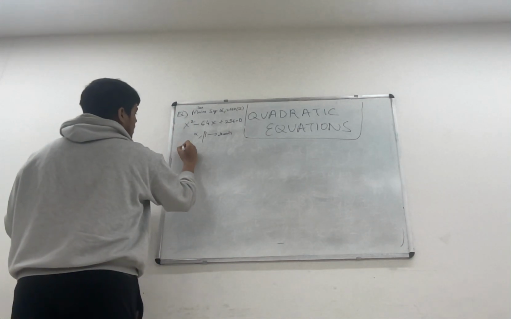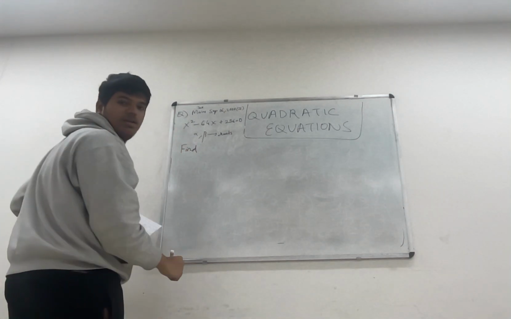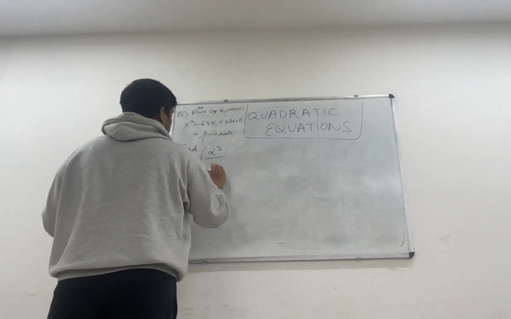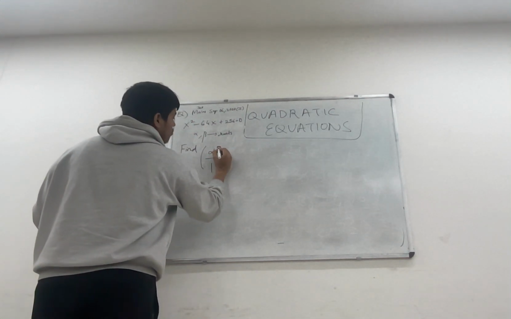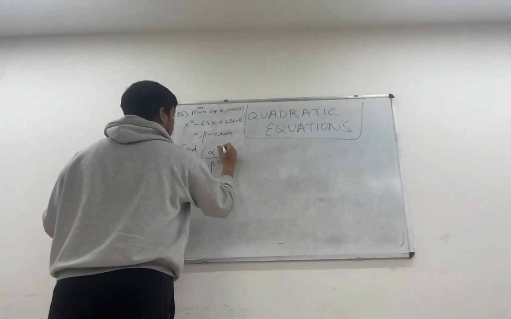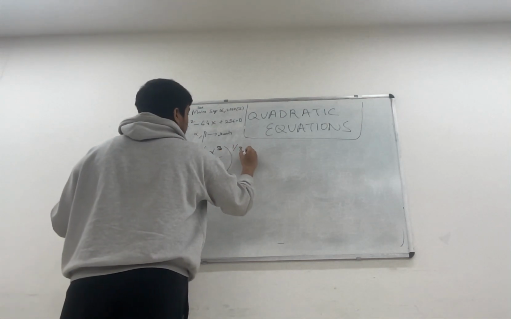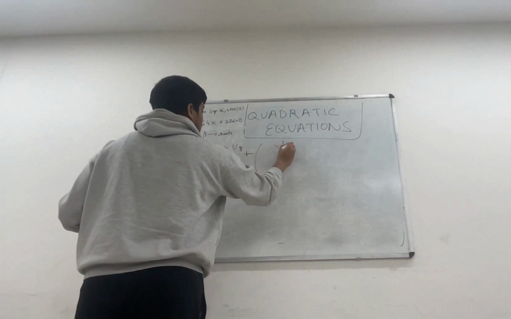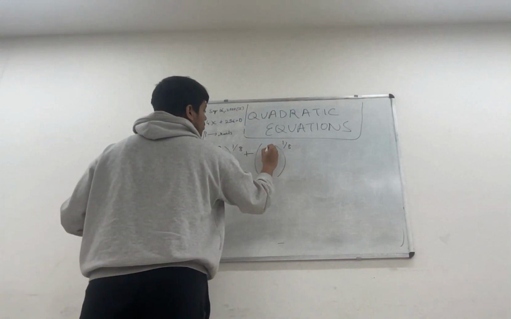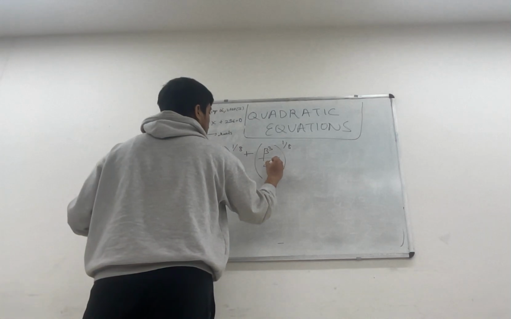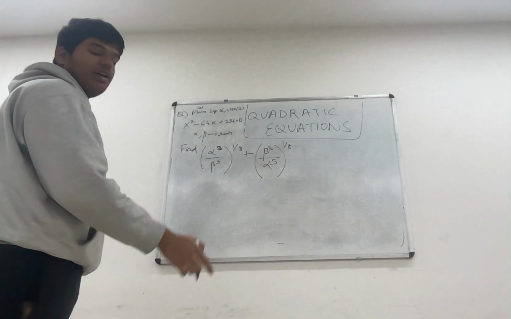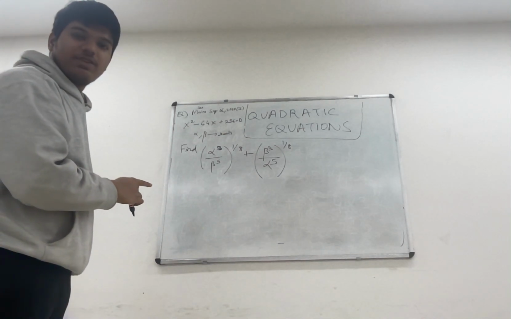We have to find alpha cube upon beta power 5, whole power 1 by 8, plus beta cube upon alpha power 5, whole power 1 by 8. So we will apply the formulas that we have learned just now to solve this.